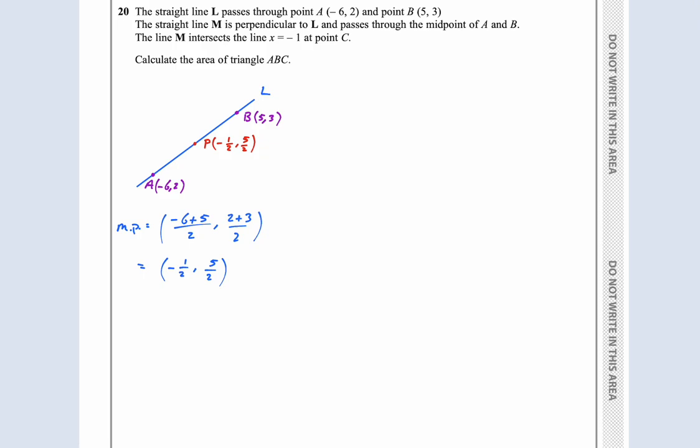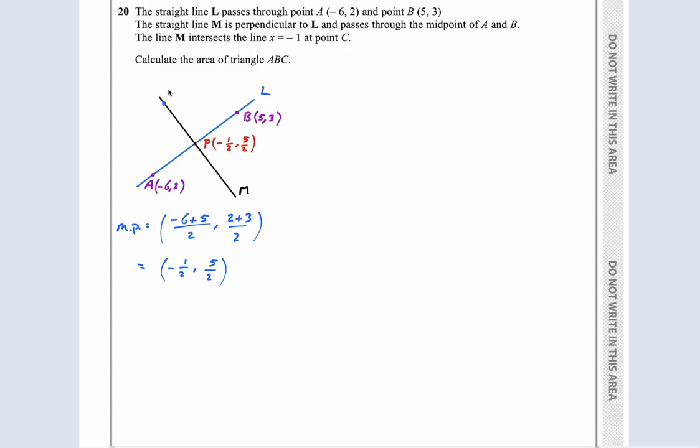Okay, now there's another line that goes through this point and is perpendicular to the line. So something like this. So we know this line goes through this point, and we know it touches the line x equals -1. So when x is -1, we have a point C. Okay, so let me actually put in this point C. By the way, this is line M. And I'm going to put in a point C somewhere here.